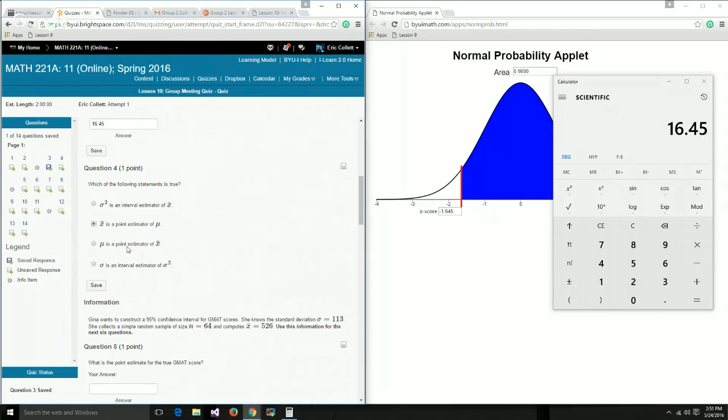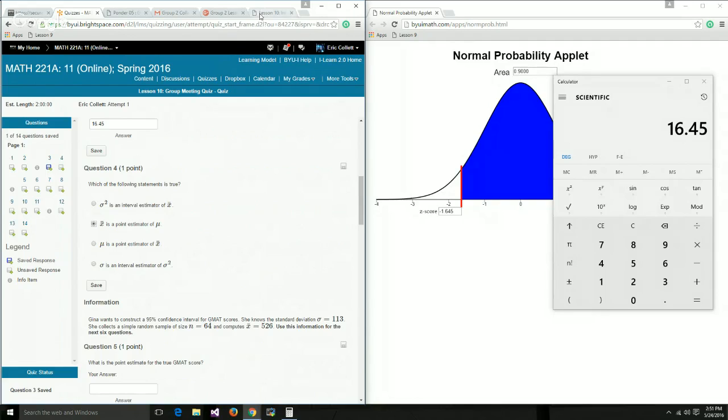Or do you think it's the other way around? No, because the sample mean is given, and we are trying to guess where the population mean might be, because the population mean is unknown.